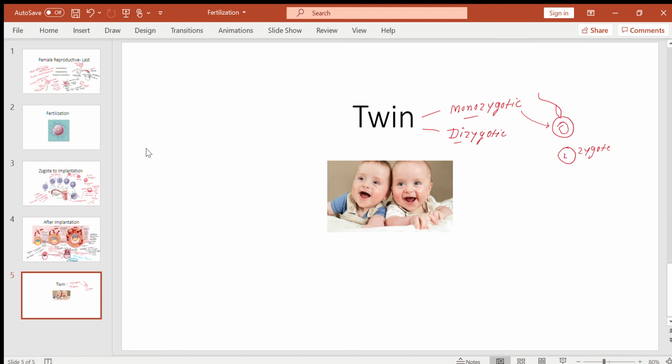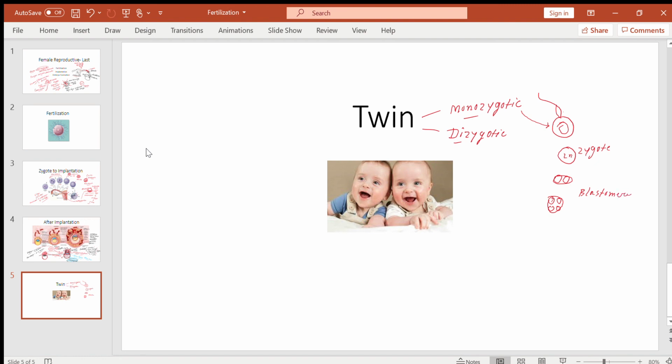It forms two cells, right? Then the four cell stage. So two cell stage, then four cell stage. These are called blastomeres.